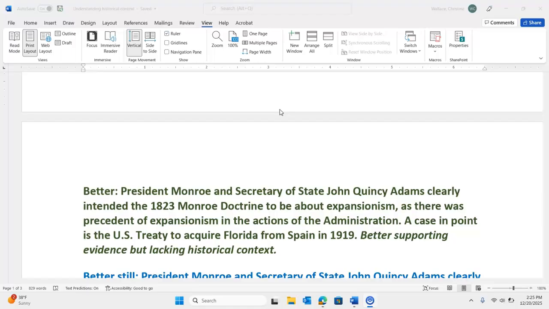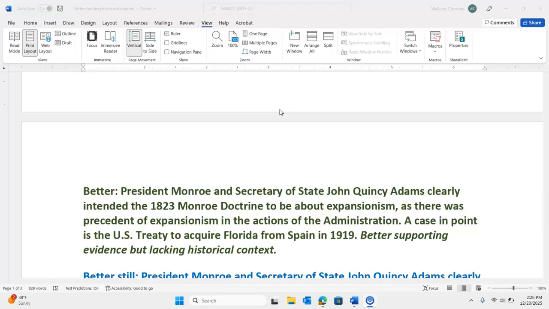This adds some context because now your reader knows that you know a little bit about the way the Monroe Doctrine went down. There's also an argument in here, a specific description of an argument that could use some support: that there was precedent of expansionism. A case in point is the U.S. treaty to acquire Florida from Spain in 1919.